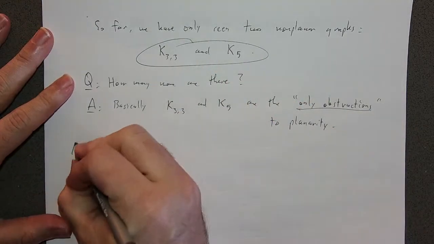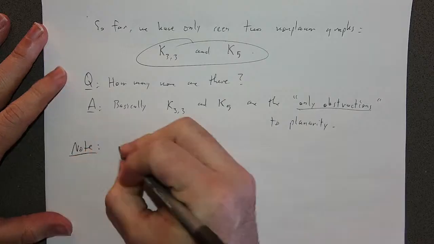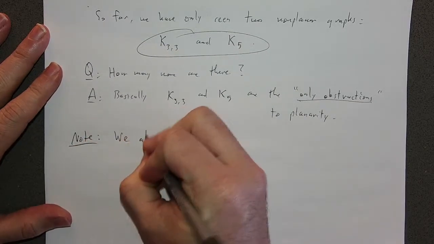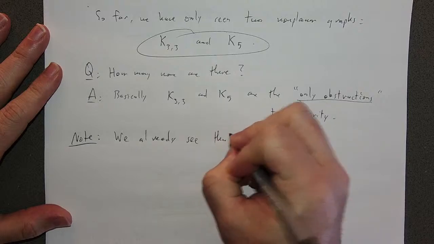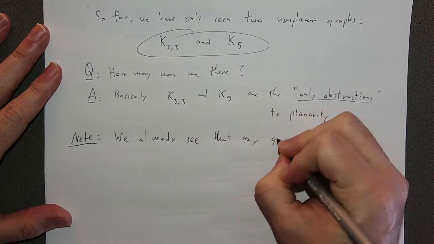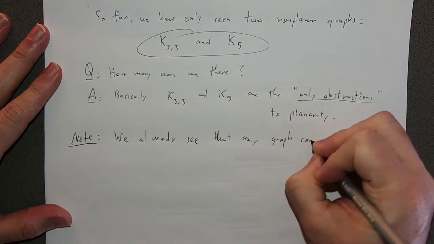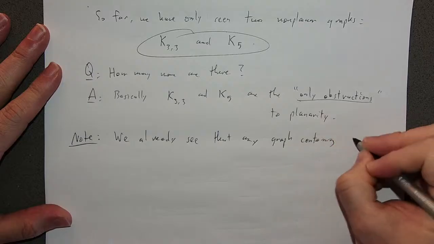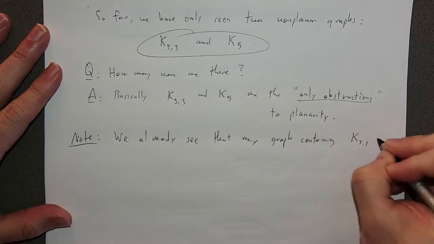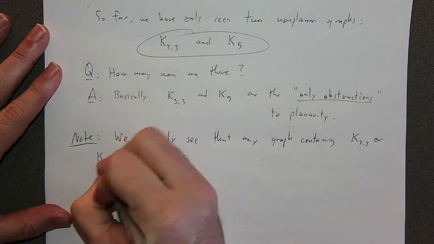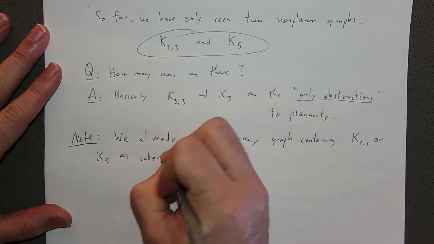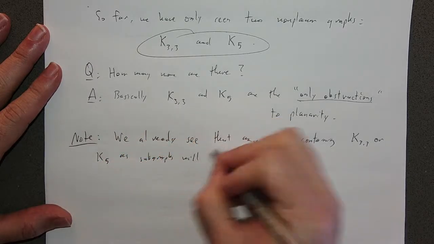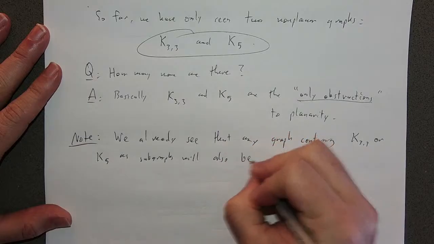So note we already see that any graph containing K33 or K5 as subgraphs will also be non-planar.